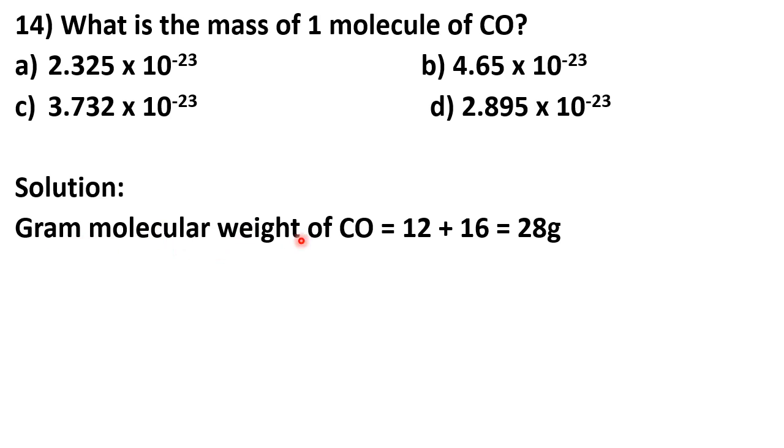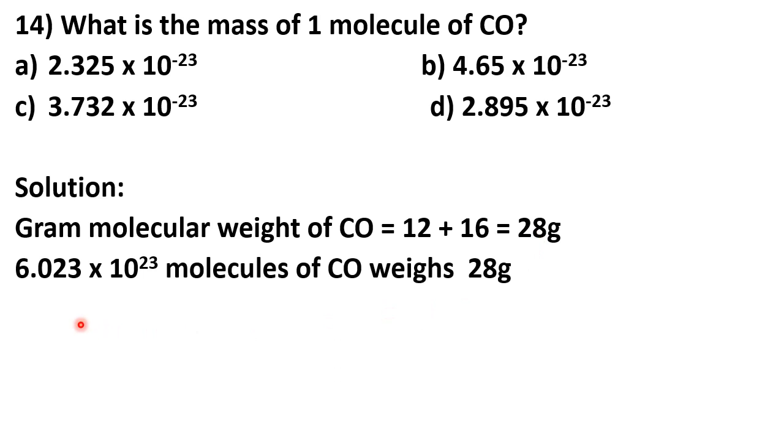So gram molecular weight of carbon monoxide can be calculated by adding the atomic weights of carbon and oxygen, that is 12 plus 16 equal to 28 gram. So 6.023 into 10 raised to 23 molecules of CO weigh 28 gram, that is, Avogadro number of molecules will be present in 1 molar weight of any substance.